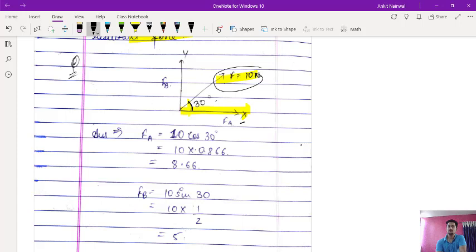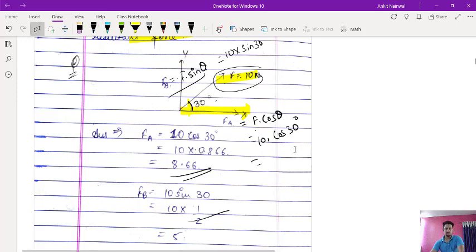So here this component will be given by F cos theta and the other component will be given as F sin theta. So now simply put the values: force is 10 Newton, so put the value 10, and cos theta is cos 30 degrees. So put the values and you will get the values as this. Kindly check with your calculator if this is correct or not. Here also put the value, given as 10 sin theta, sin 30. So put the values and calculate. Okay, so this is how you calculate.